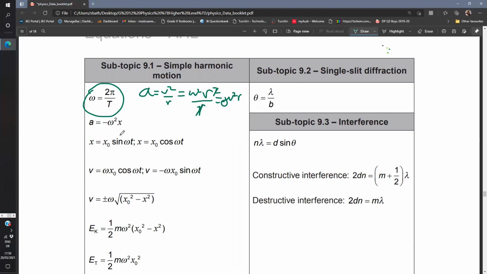Sorry for that. Okay, so then the next formula, we derive it from a = d²x over dt², the second derivative of x with respect to t. And then we bring this to the other side.